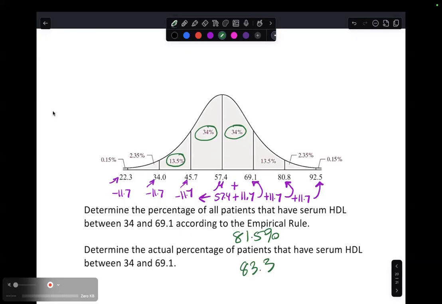Now, the empirical rule is an estimate. I'm just letting you know. If you go to the tutoring center, they're going to show you a fancy calculator function to calculate the percents of these things, and they're not exactly the same as the empirical rule.